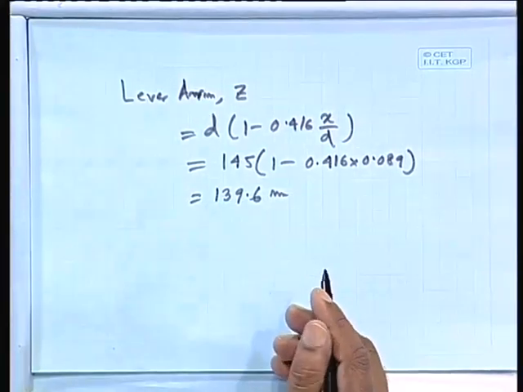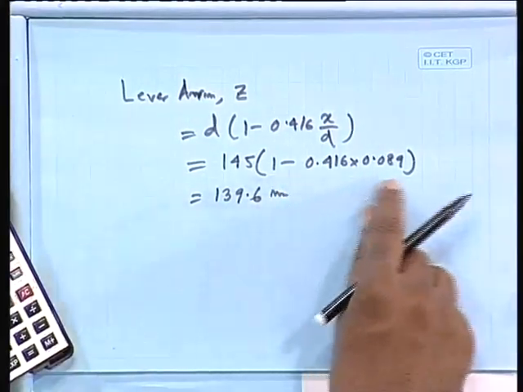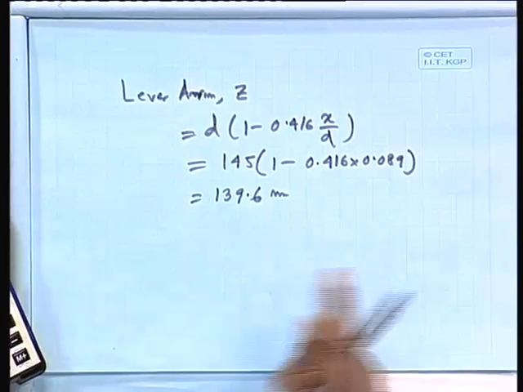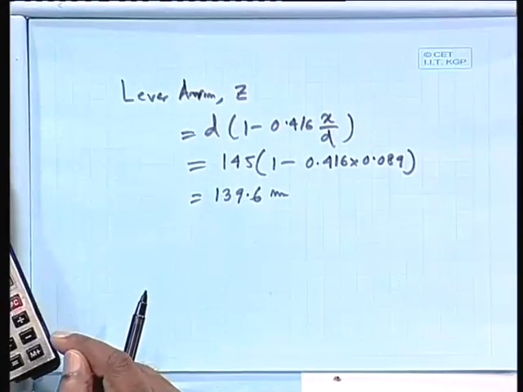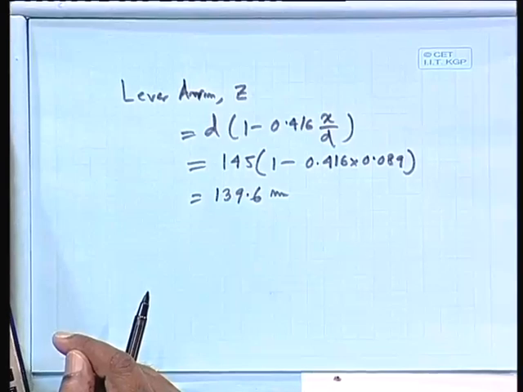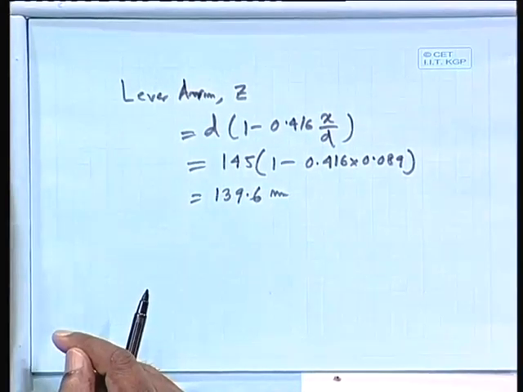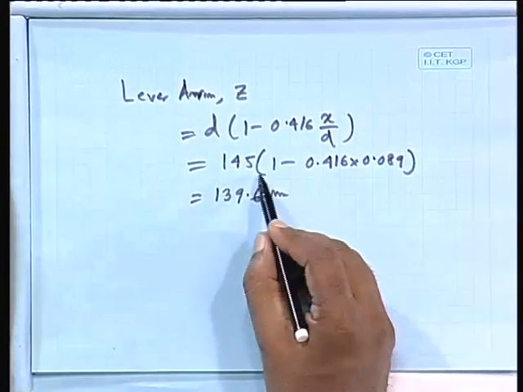One check I should say, let us find this value, 0.416 times 0.089, which comes as 0.9629. If you remember, this one also we can say J.